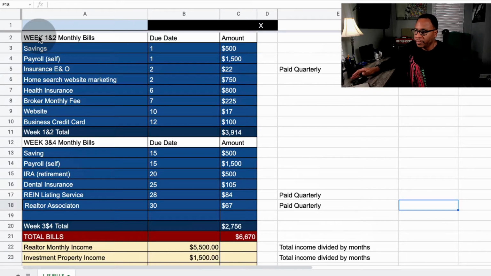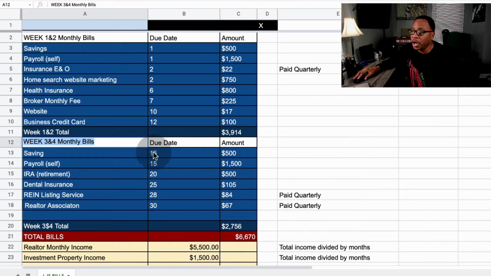So, first of all, I split my budget up into 2 weeks. I take a month and I split it up like I'm paying myself, like I work a 9 to 5 on the 1st and the 15th. So I have week 1 and 2, which goes from the 1st all the way up to the 14th. Then I have week 3 and 4, which goes from the 15th to the 30th or 31st.